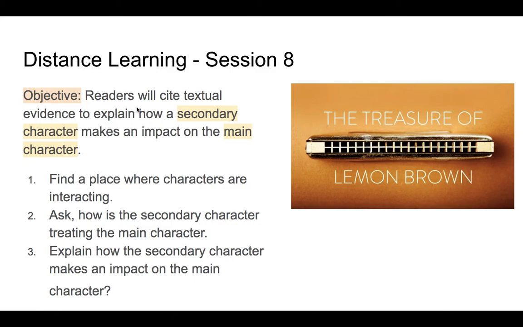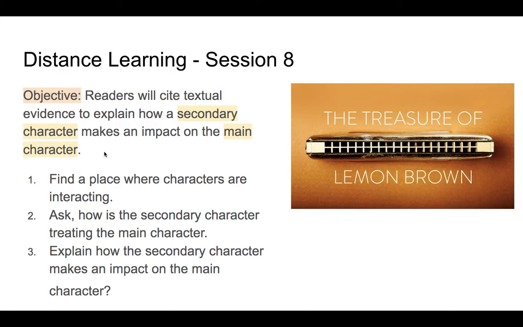How the secondary character makes an impact on the main character, who is Greg. And what I mean by making an impact is that that secondary character does something or says something that changes the main character's mind, which happens in The Treasure of Lemon Brown.